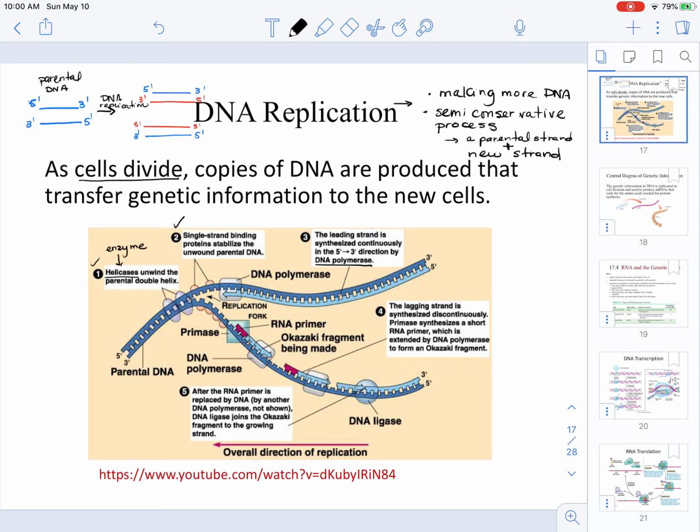So understand that DNA polymerase is going to be the enzyme that catalyzes the synthesis of the new DNA strands.